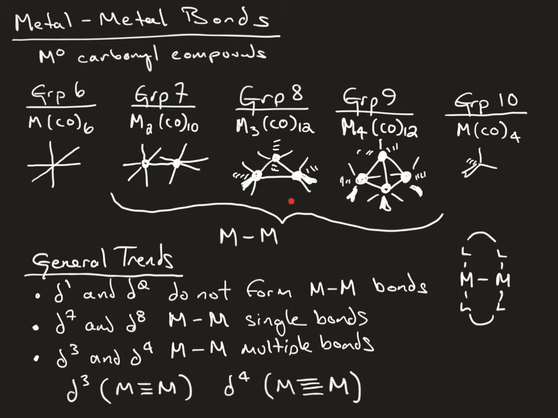These polynuclear type clusters here can be formed using a variety of different dn counts. So now what we're going to do is look at the orbital interactions on the metals that lead to different types of bonding interactions between two metal sites.